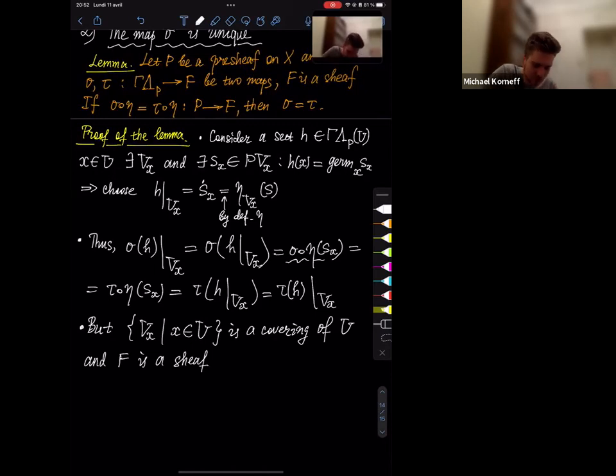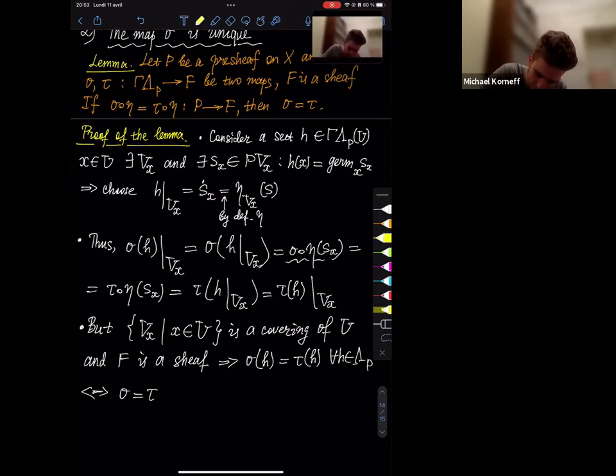And by definition of sheaf, we have the following equality, it implies that sigma of H equals tau of H for all H from gamma lambda P, and thus sigma and tau are the same. Okay.